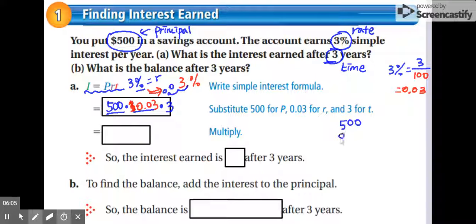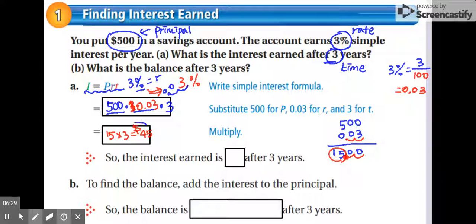So this is going to be, well, 500 times by 3, 1,500. And then you move a decimal how many times? Twice. So it's going to be 15. So now 15 times by 3, which is $45.